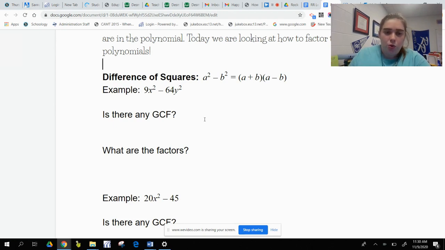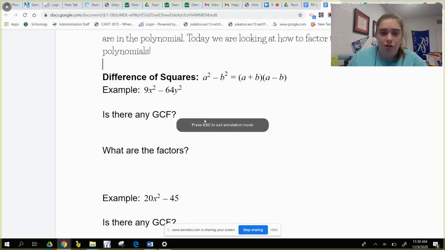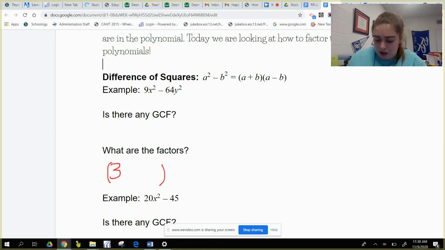The square root of 9x squared is just 3x. Then the square root of 64y squared is 8y. So plus 8y, and that's our plus factor. We need to do the same thing for the minus factor: the same terms, just the difference of those terms, so 3x minus 8y. Those are our factors.